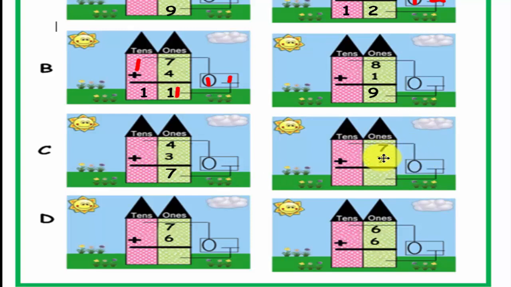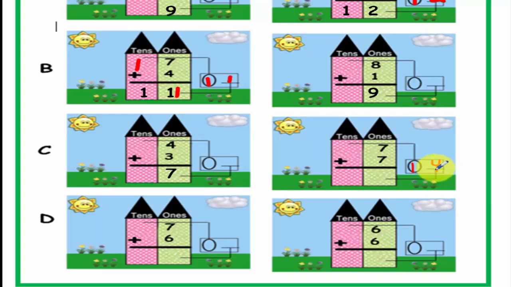Let's look at this one. We have 7 plus 7. What is the answer to 7 plus 7? Well, if you said 14, you are correct. So, with 14, we have a 1 in the tens column, right? And we're going to have a 4 in the ones column.